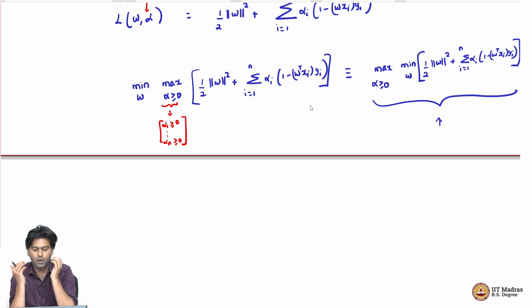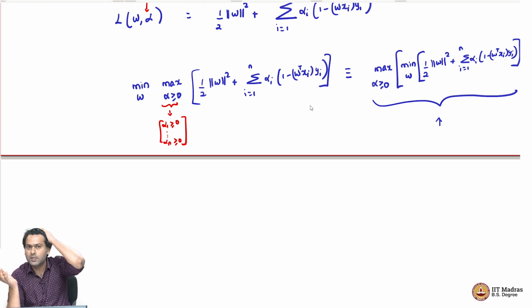On the other hand, on the right hand side, if I fix an alpha greater than or equal to 0 and minimize over W, there are absolutely no constraints on W. So for any fixed alpha, the minimization over W is an unconstrained problem, which means I know how to do it. I'll take the gradient of this function with respect to W, the higher order analog of the derivative, and set it to 0 and see what happens. I can do that.